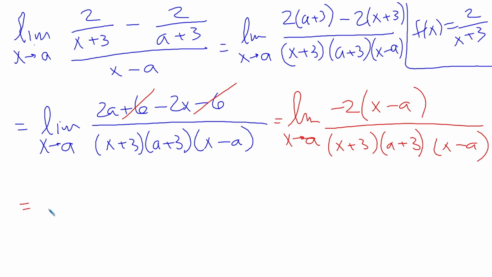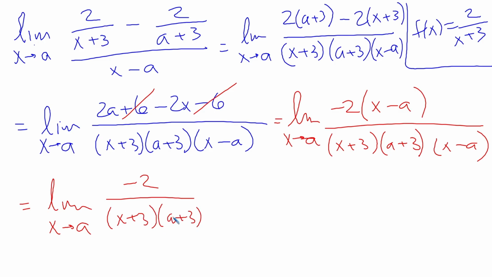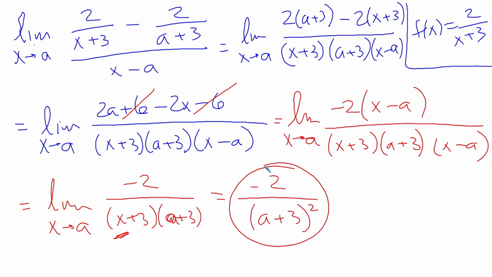When the x minus a's cancel, we have negative 2 over x plus 3, a plus 3. It's a pretty terrible a, but it's an a. And as x goes to a, we have negative 2 over, that x is the only x we have, it becomes an a. So it's a plus 3 times a plus 3 in the denominator, or a plus 3 squared.